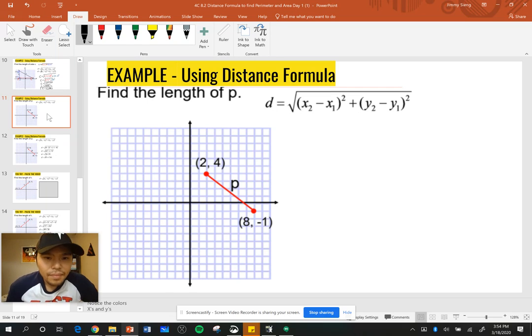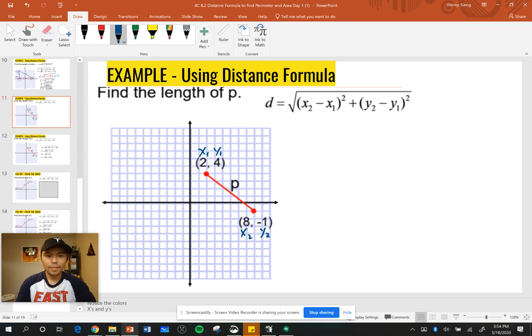All right, so if I was to find this one again, I got two points here. I need to find the distance between those two. Let's label them. Let's say that (2, 4) is your x1, y1, and (8, -1) is going to be your x2, y2. Again, you're more than welcome to pause this, write this out, and make sure you process this.